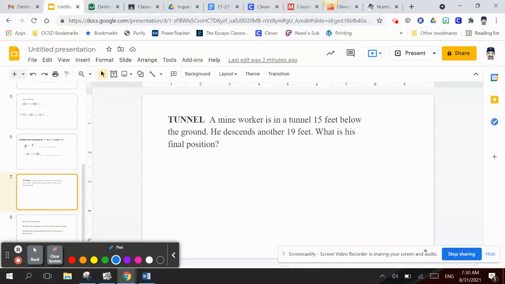Our last one is a story problem here that we have to figure out. It says a mine worker is in a tunnel 15 feet below the ground. He descends another 15 feet. What is his final position? So if I look at this as a number line, here's 0, that's ground level. He went down 15 feet, so that's going to be a -15.